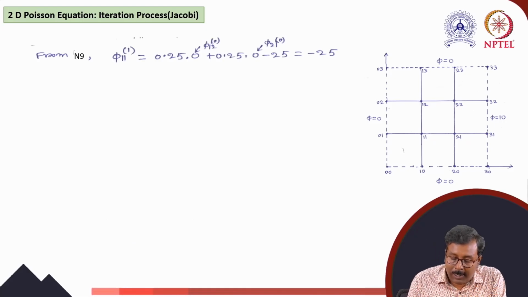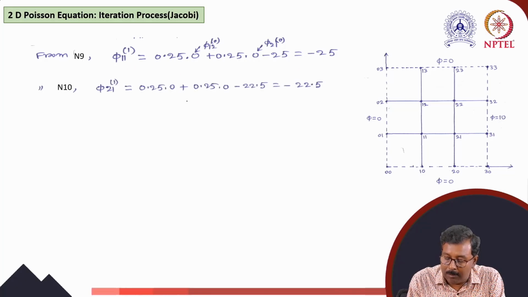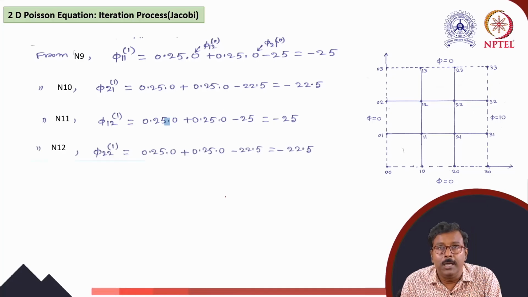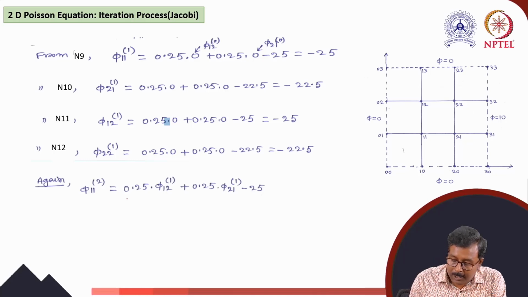Now again, it is shown here, whatever the calculation, in the same way. Already I have discussed this one. Again, if you put this value, before that, let us summarize again. I am writing these values. Here actually, we have written it as the 1th iteration.